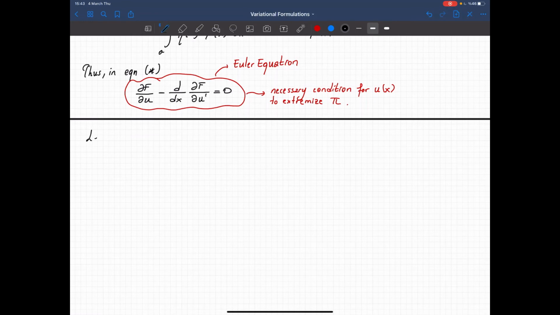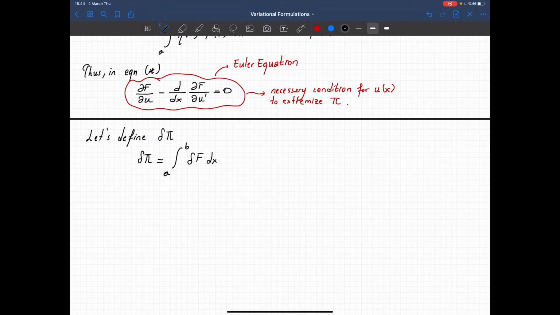Let's define the variation in the total potential energy functional. The variation in the total potential energy functional is equal to the integral from A to B of the variation in F times dx.